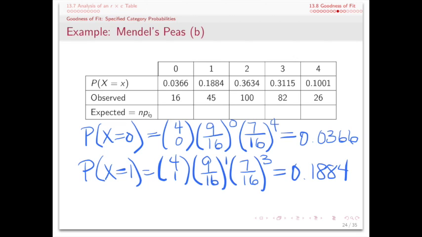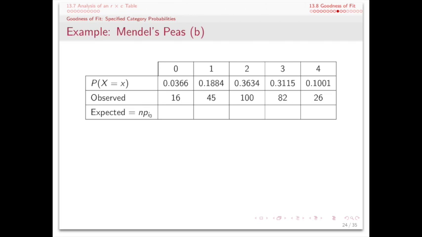The fundamental difference between this example and the previous example is that in the previous example, the probabilities were a little bit easier to calculate. In this example, we have to do a little bit more work using our binomial probability distribution. Next, we want to compute our expected values, and we'll proceed in a similar fashion as before. Remember, here we have a sample of 269 four-seed pods, so when we're computing the expected values, n is equal to 269. If we want the expected value for 0 round yellow peas in a four-seed pod, we take 269 and multiply by 0.0366.